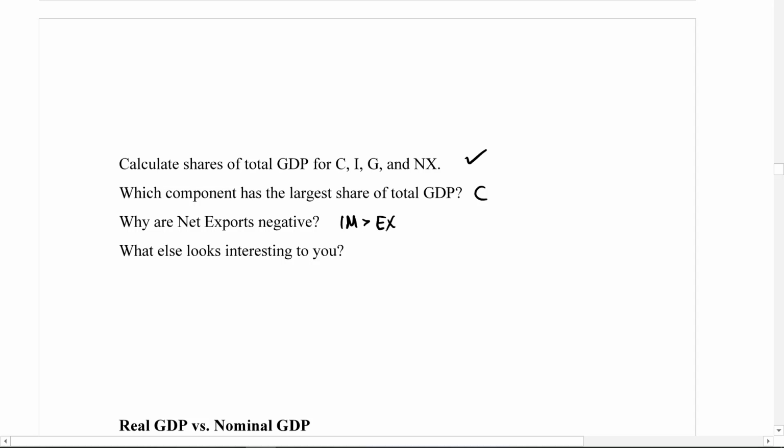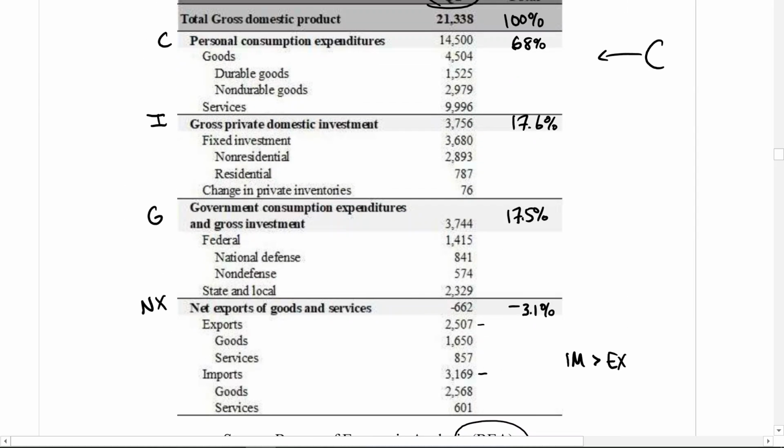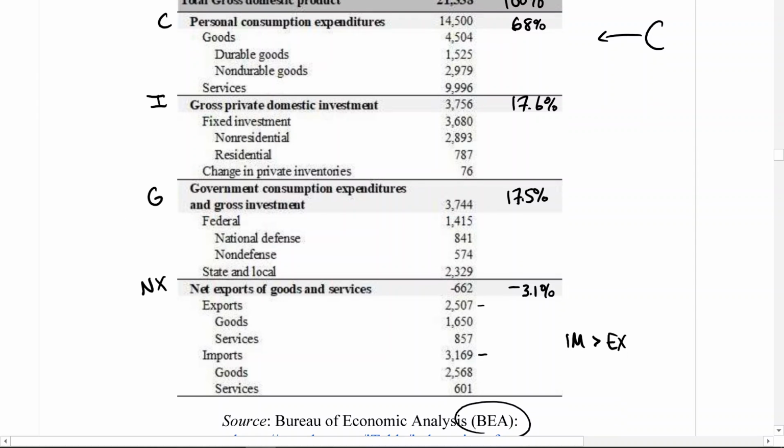And then just take some time to go back up or backwards in the video to look at the graph and just see if there's anything else interesting to you. I guess the one thing I'll point out that is maybe not something everyone would expect is within government spending, we actually have more state and local spending than we do federal spending.